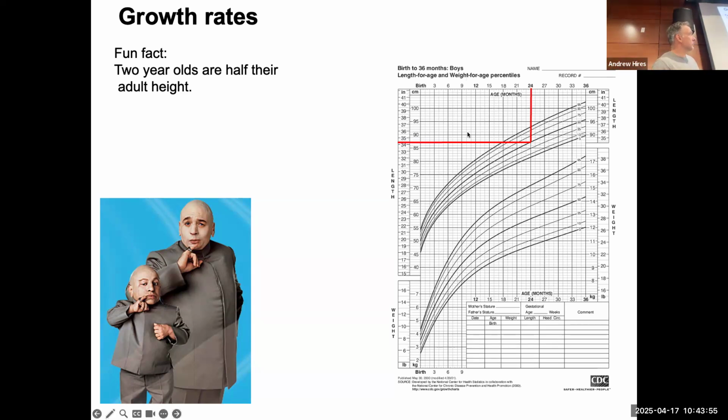So the best predictor of actual height in a fully grown human is looking at their height at age 2 and just doubling it. Because there's also great variability in the size of a baby at delivery, based on how long they've been developing and whether or not they're a twin. If you're a twin, you're competing for nutrients from the mother.